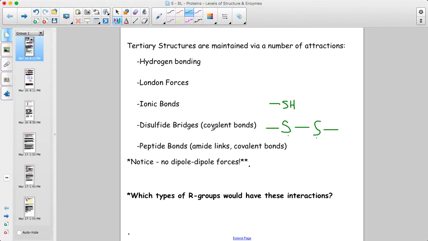In terms of biochemistry, when we talk about covalent bonds, that's going to be a fairly permanent type of attraction that's quite difficult to break. It's also possible for different R groups to form peptide bonds with one another. A peptide bond, again, is an amide or a carboxyamide link, and it's going to form through condensation.